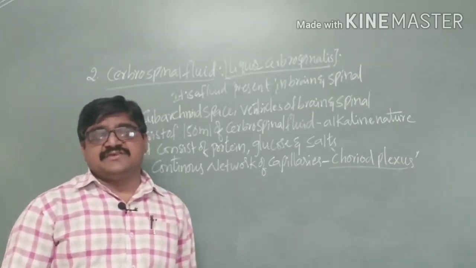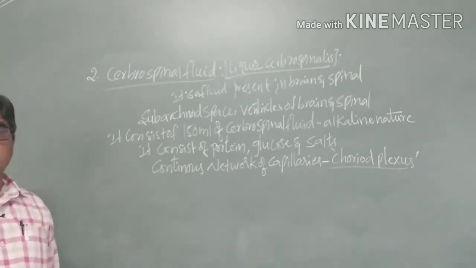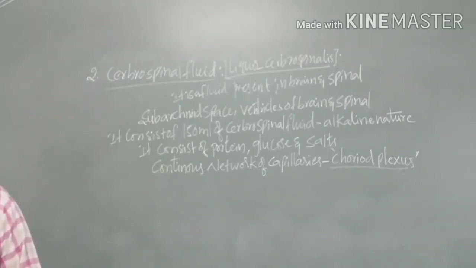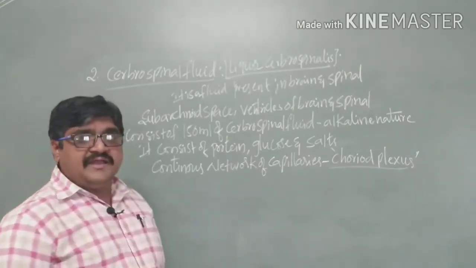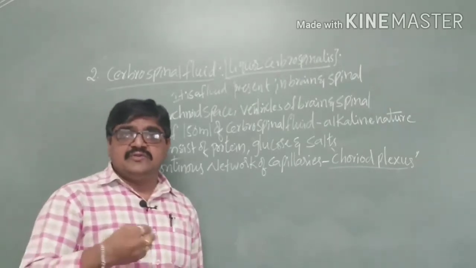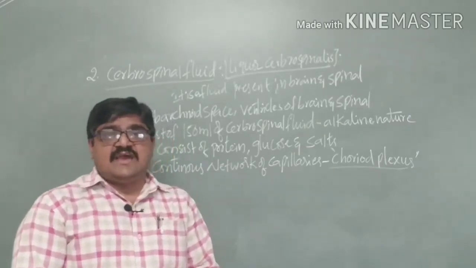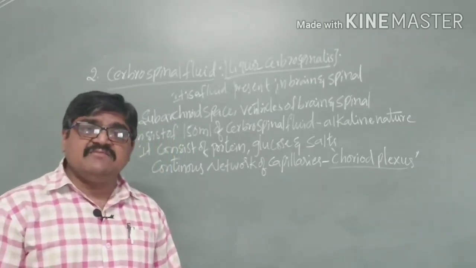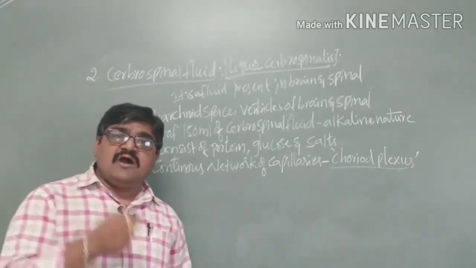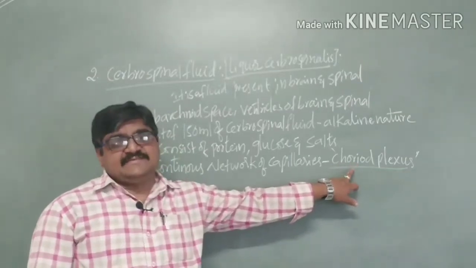These capillaries extend from the pia mater into the subarachnoid space, and such blood capillaries are called the choroid plexus.